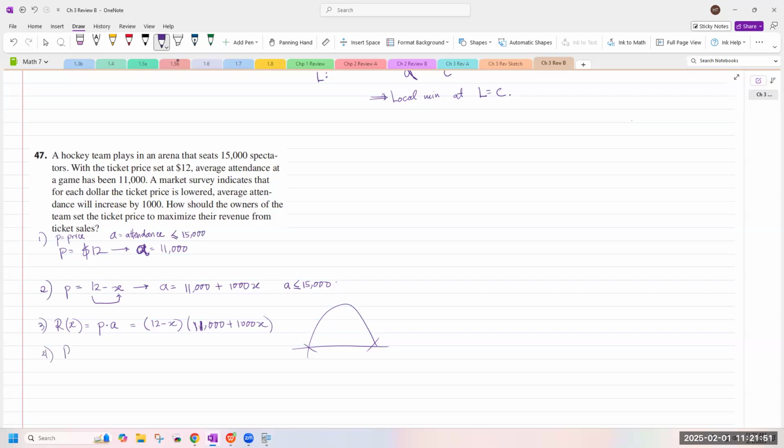And then step 4, the derivative will be negative 1 times 11,000 plus 1,000x plus 12 minus x times 1,000, which will give us negative 2,000x plus 1,000.